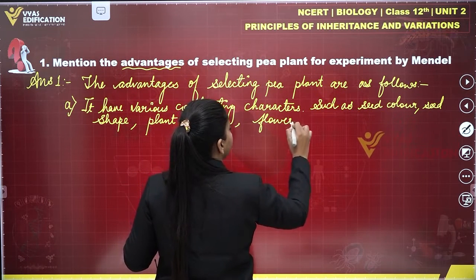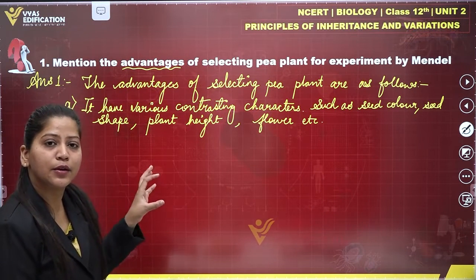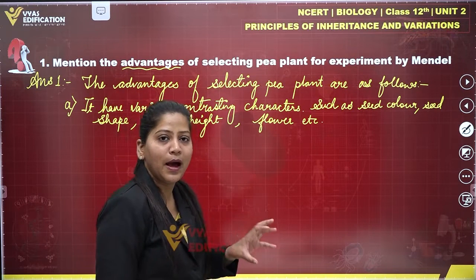All these are the different characters which are easily available as contrasting traits in the pea plant.